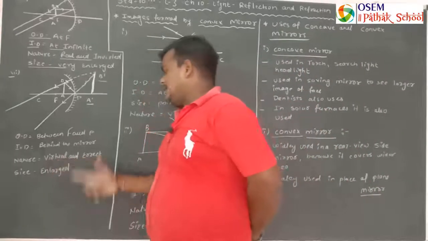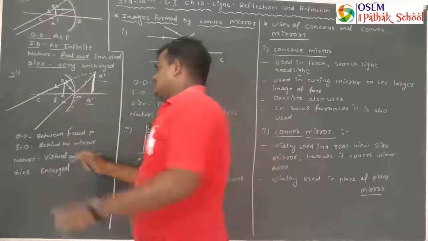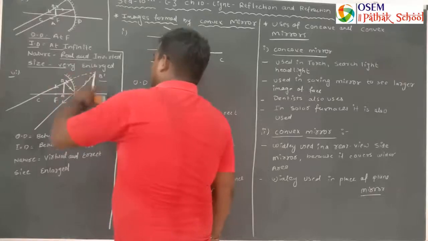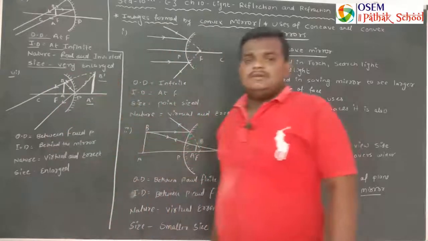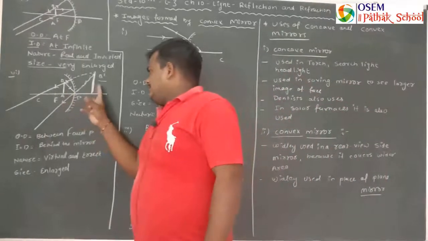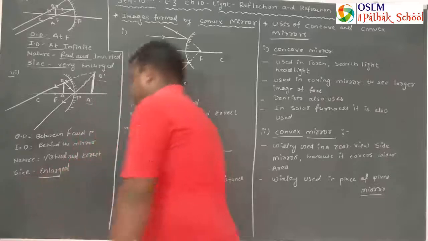The size is enlarged, because the object height is very small and the height of the image is very big. So the size of the image will be enlarged.